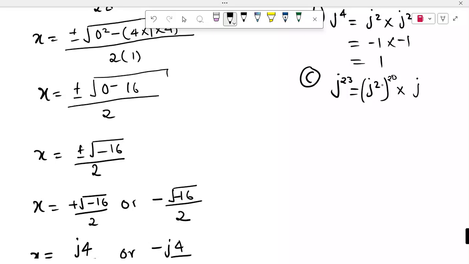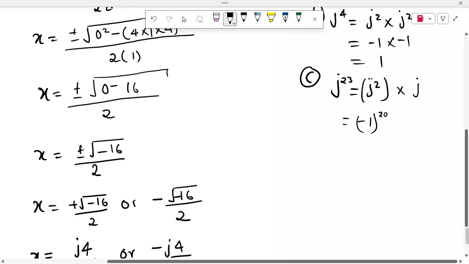You can do j multiplied by j squared multiplied by j squared, and so on, 20 times, but there is no need. You just express it as an index. So you have negative 1 to the power... no, it doesn't have to be 20 here, sorry.